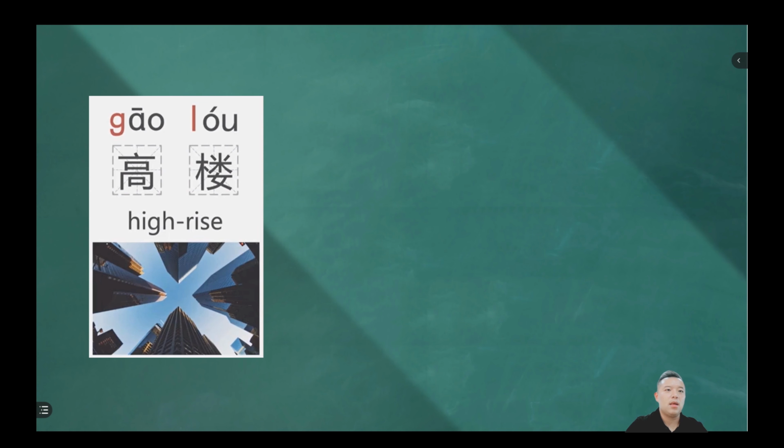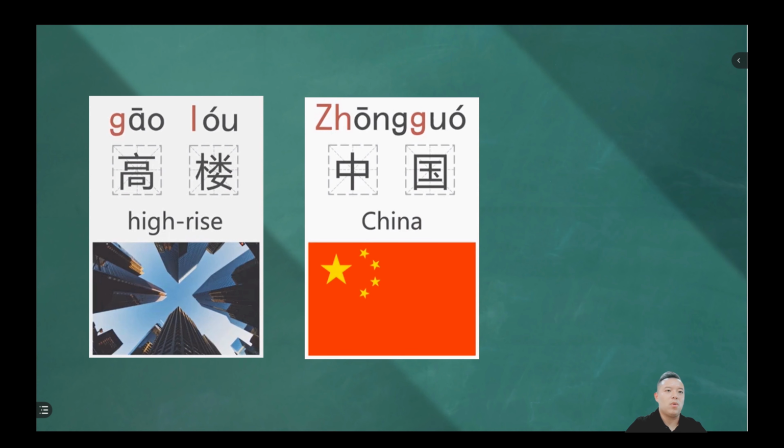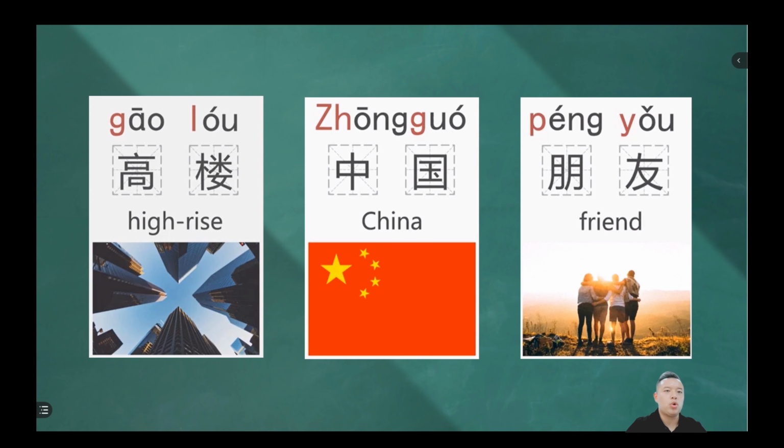Let's continue. 高楼, high rise. 中国, China, Tiongkok. 朋友, teman.